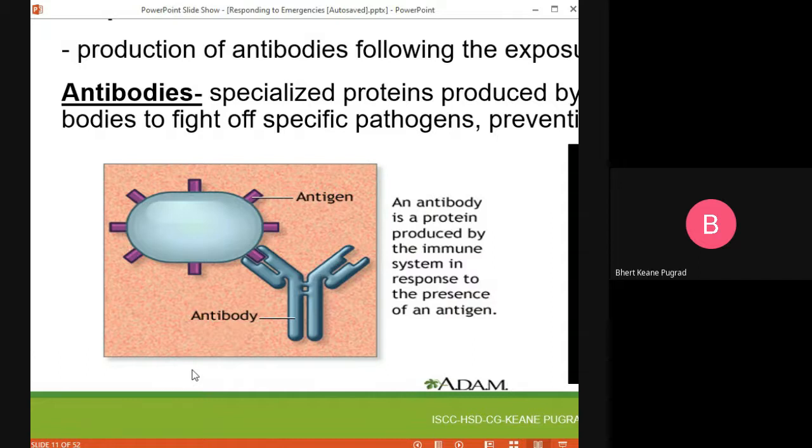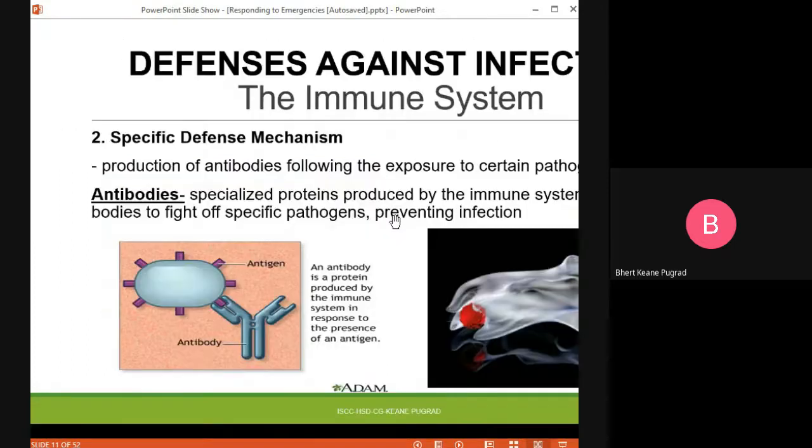Mag-produce siya na ngayon ng antibodies at hahanapin niya yung virus na yun para patayin. Okay? Since may mga na-produce na siyang antibodies, kapag may pumunta ulit na virus sa katawan natin, meron ng readily na panlaban ng katawan natin kasi alam na niya kung anong klaseng virus yon nakuha. So that's how vaccine works.